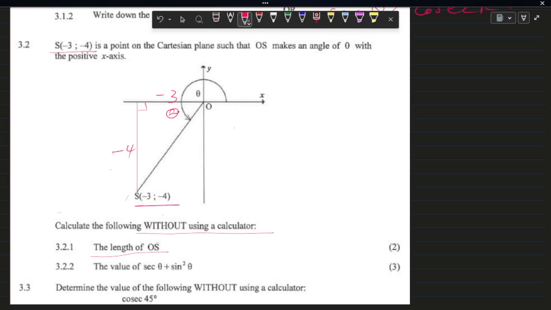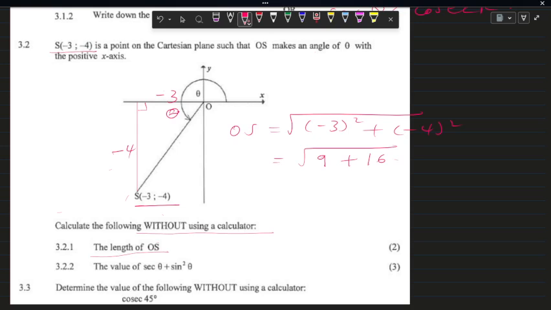So OS is the square root of negative 3 squared plus negative 4 squared.